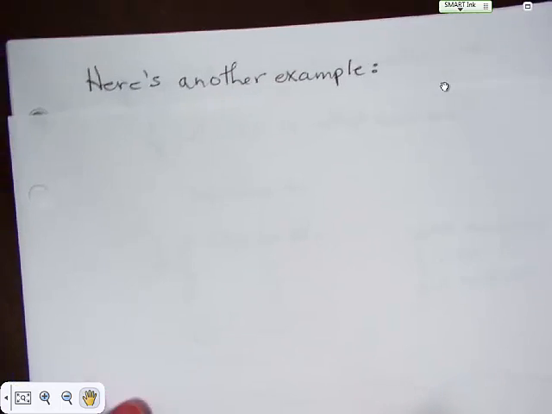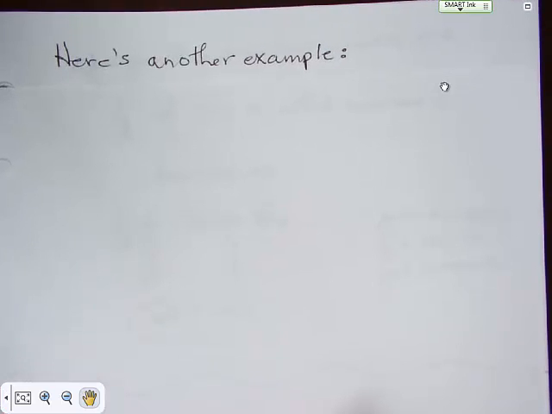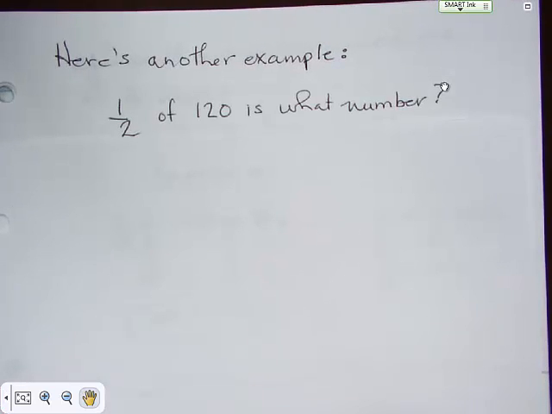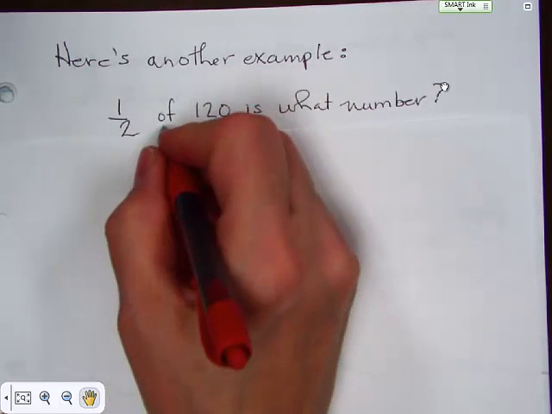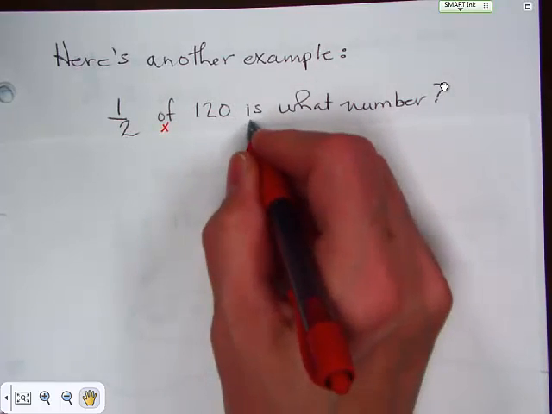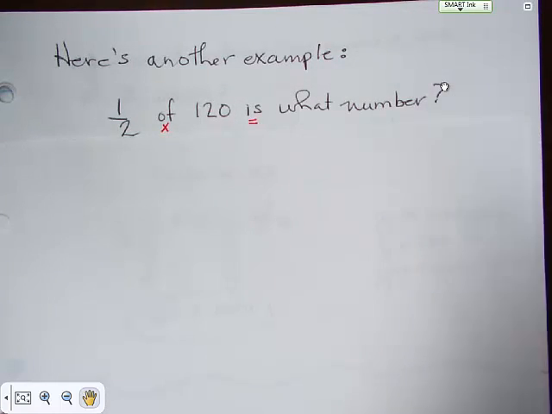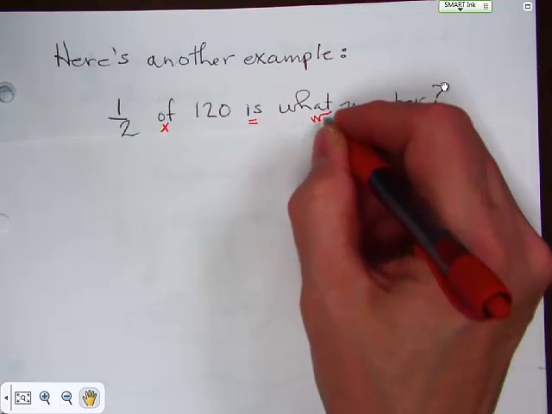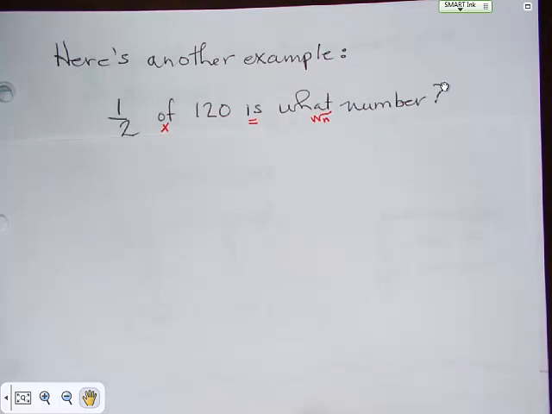Okay, now here's another example that we can look at. 1/2 of 120 is what number? "Of" means multiply, "is" means equals, and the what number is WN.